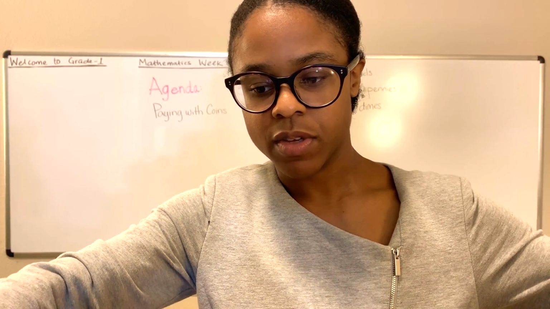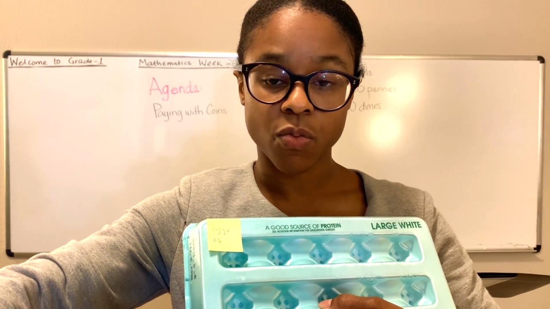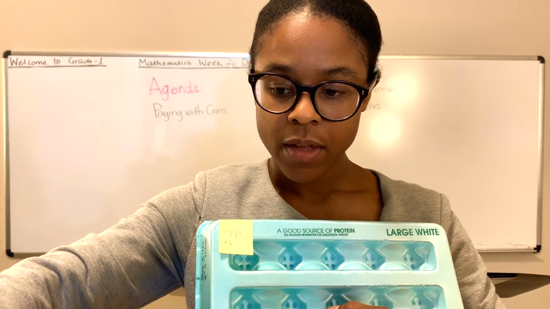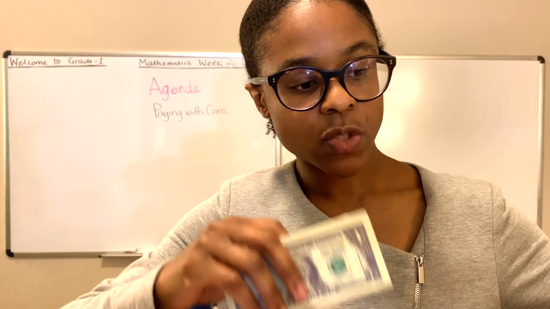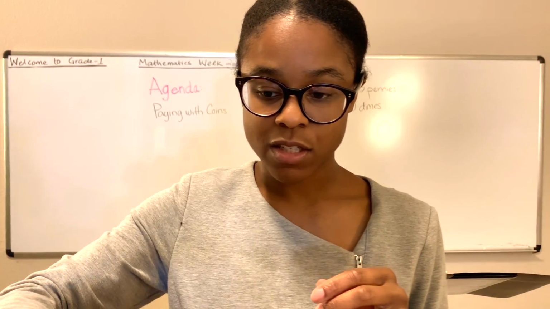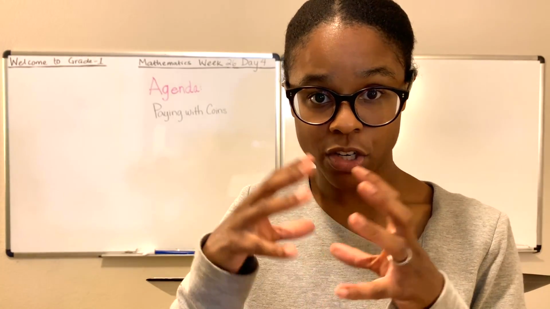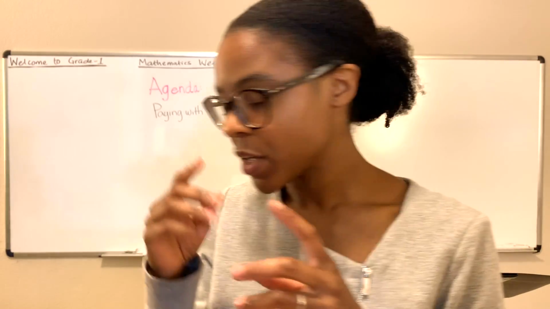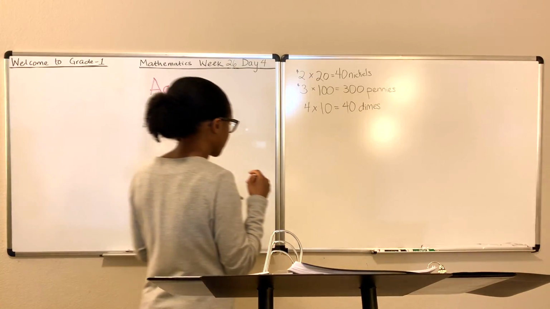But remember, we're not trying to calculate the total of $1. We're actually trying to calculate the total of $6, not 1. So since we need 6, then we're going to have to multiply this 4 by a larger number. Let's write that on the board.